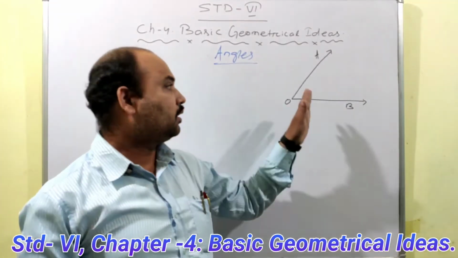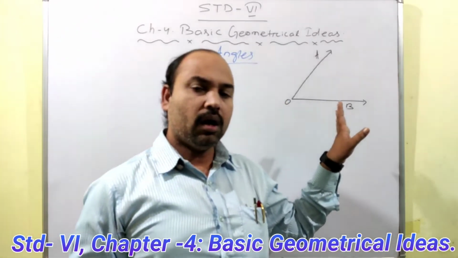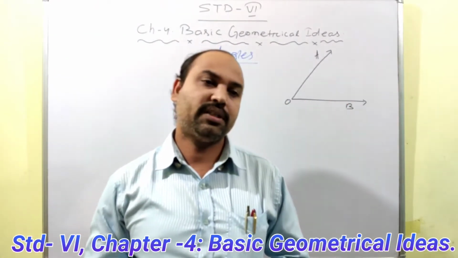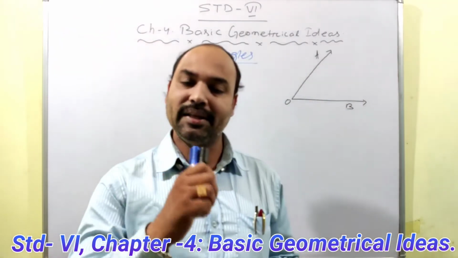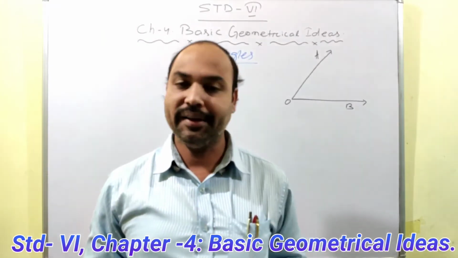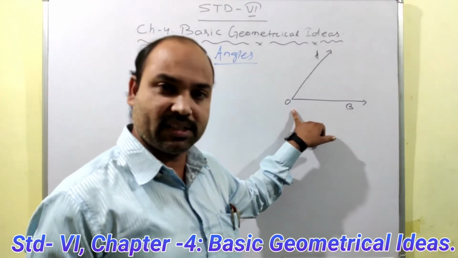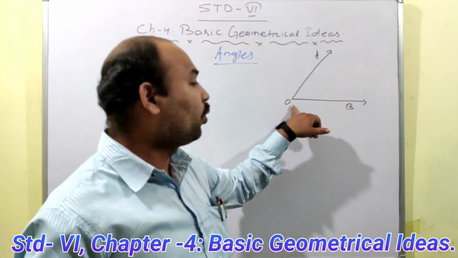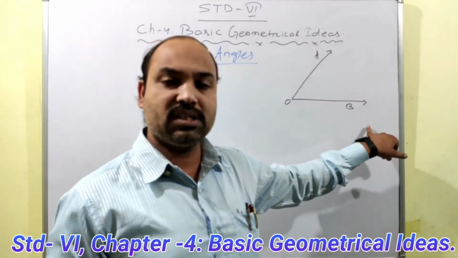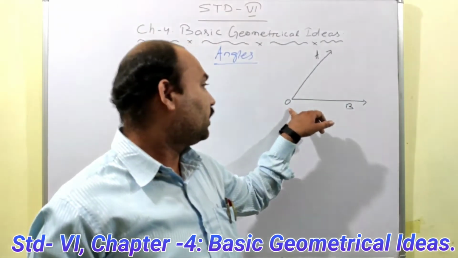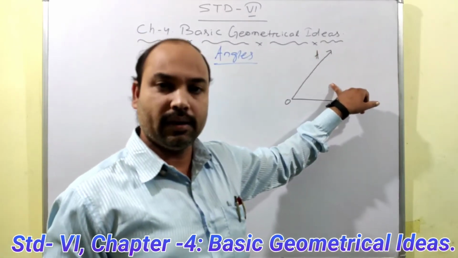So what is the definition of an angle? An angle is a geometrical figure which is bounded by two rays with one common initial point. It means when two rays have a common vertex, here O is the common vertex, or we can say that from O two rays begin or start. They are OB and OA, and AOB is an angle.